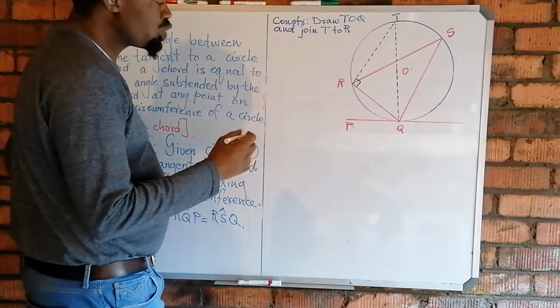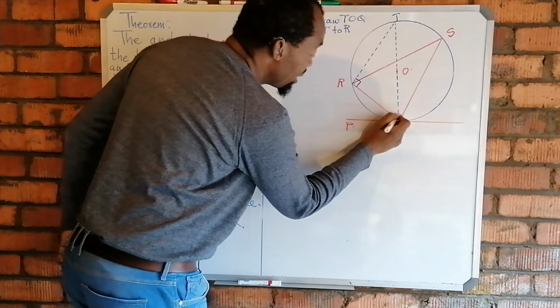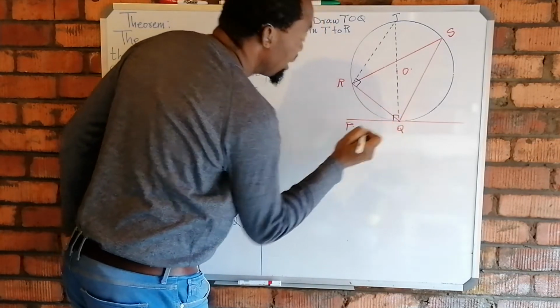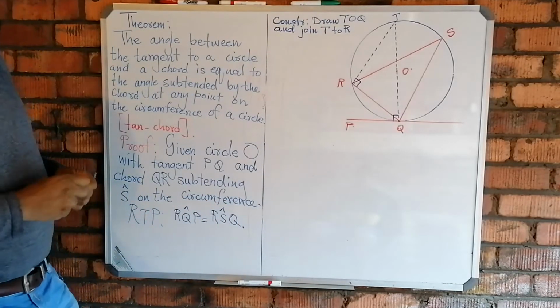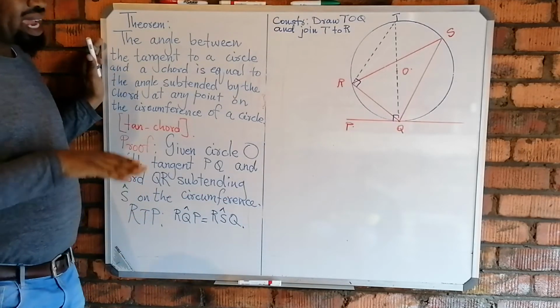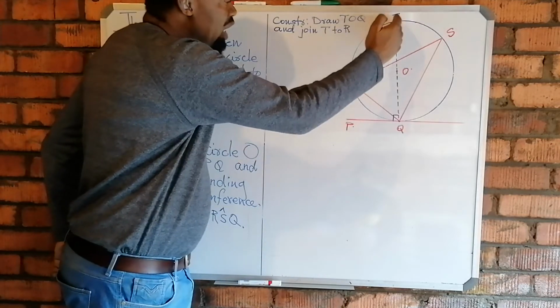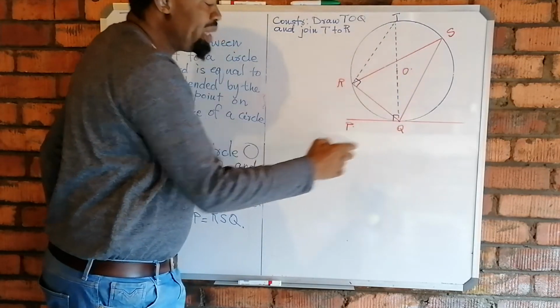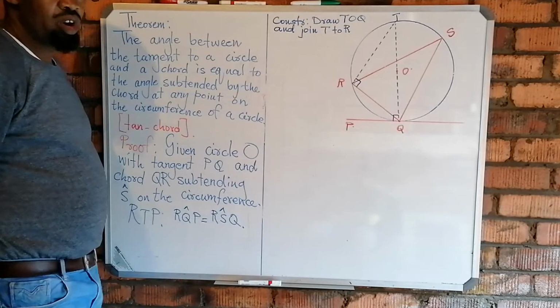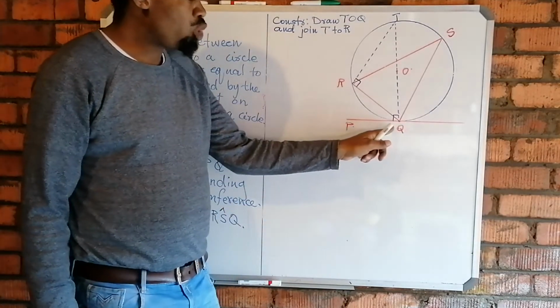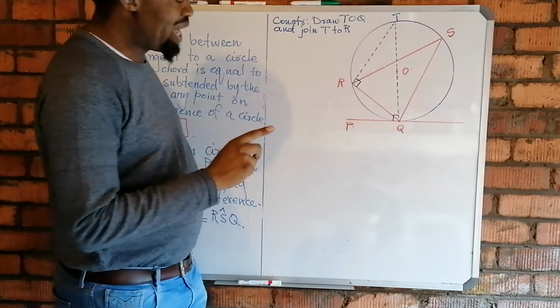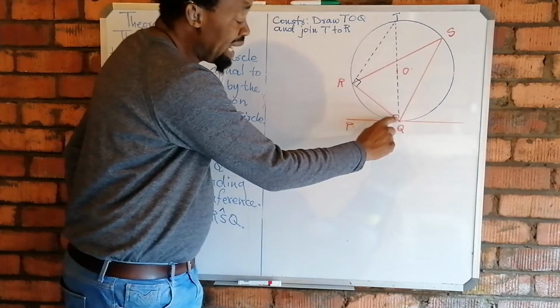We have also brought back that axiom which states that a tangent to a circle is perpendicular to a diameter or a radius of the circle at a point of contact. Now, very important, that angle is 90 degrees.